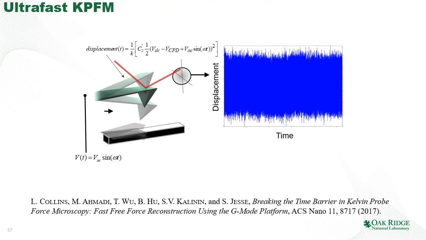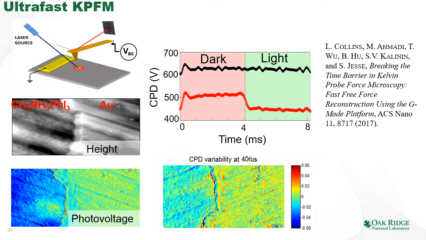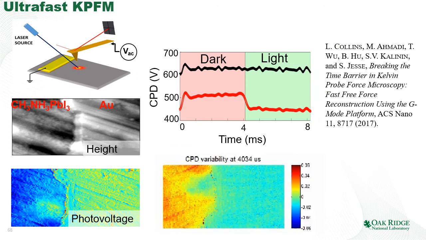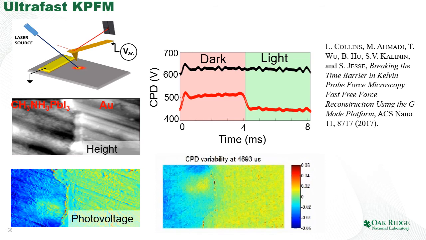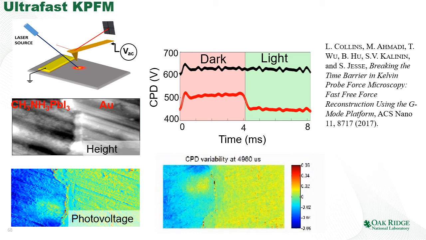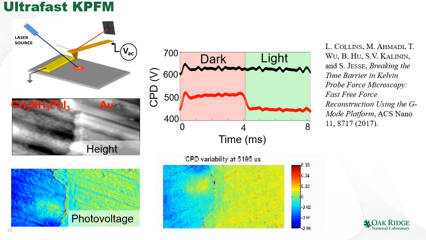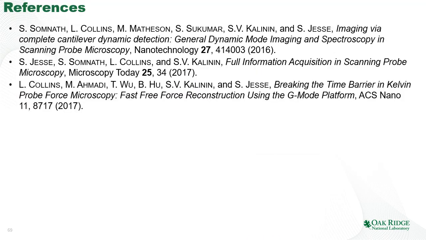So with this technique in hand, we can actually start to work on ultra-fast KPFM when we implement this FQ-bar method on real materials. And this is the example of the ultra-fast KPFM as applied to the gold electrode on this hybrid perovskite, when we apply light illumination and we see how the surface photovoltage responds to the light pulses on the gold electrode and on the material, and we see the carrier dynamics as a function of time on the microsecond scale.